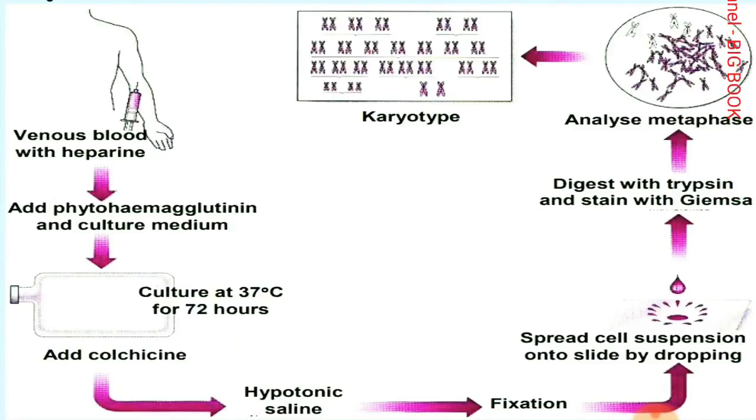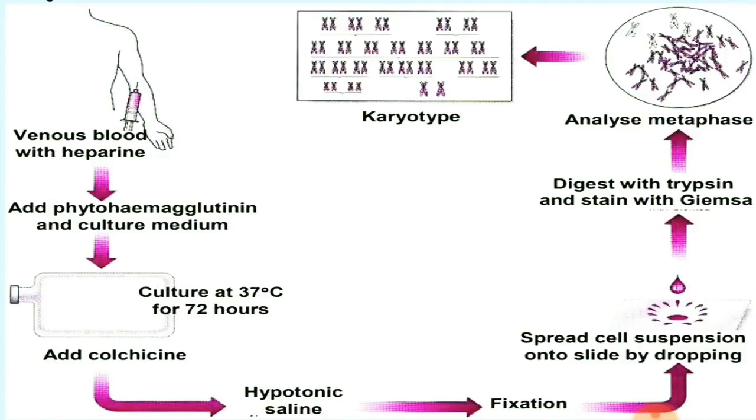Because of this, the cultured hypotonic-treated cells, which as already discussed are in a swollen condition, are going to burst open. As we have already discussed, these cells are arrested at the metaphase stage because of colchicine.